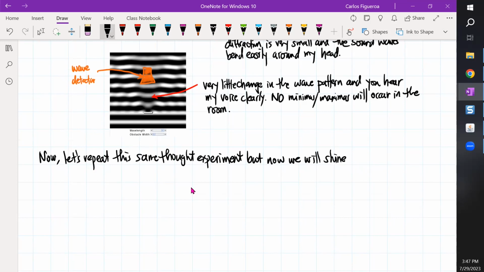Doesn't really matter what color of light we shine. Let's say that we just used orange. How about if we shine orange light? And in this case, orange light is about 600 nanometers, onto the whiteboard.